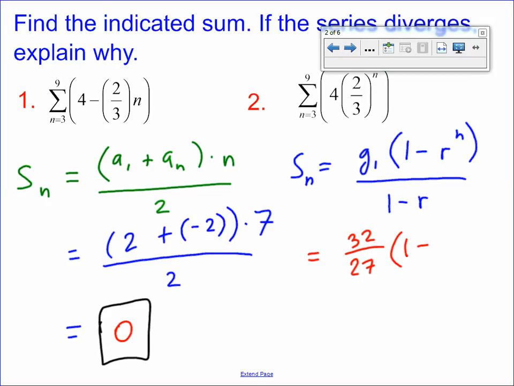Times 1 minus 2/3 to the, and what are we going to do for our n here? Well, we've got 9 minus 3, so again, 7. Are you guys using 7 for that? All over 1 minus R, which would be 1 minus 2/3. I think now is a great time to go to the emulator.